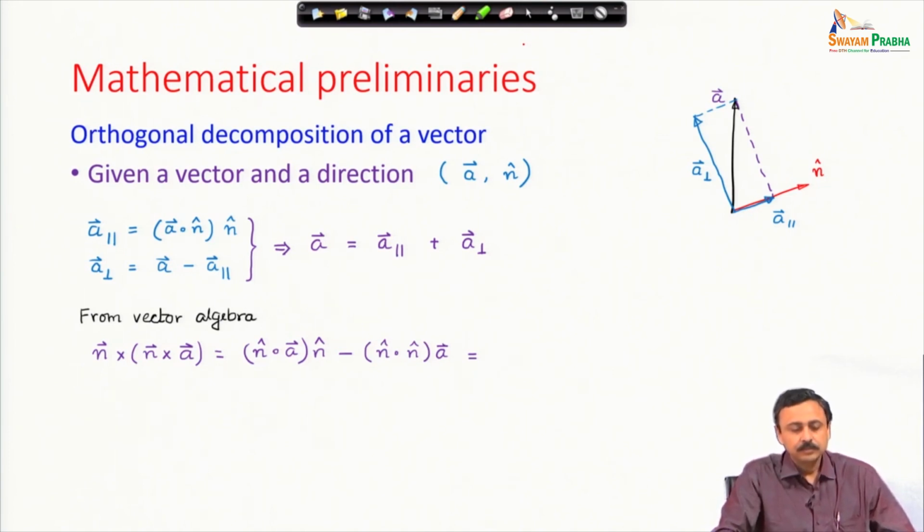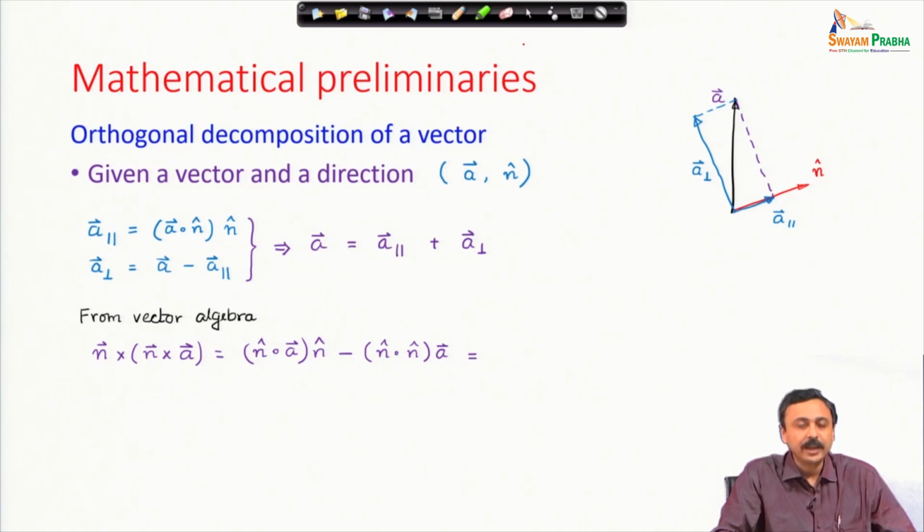Now, this result we have seen before. From vector algebra we know n cross n cross A. It is very important here which cross product is taken first, because if you take the first two vectors' cross product first, then you will get 0.